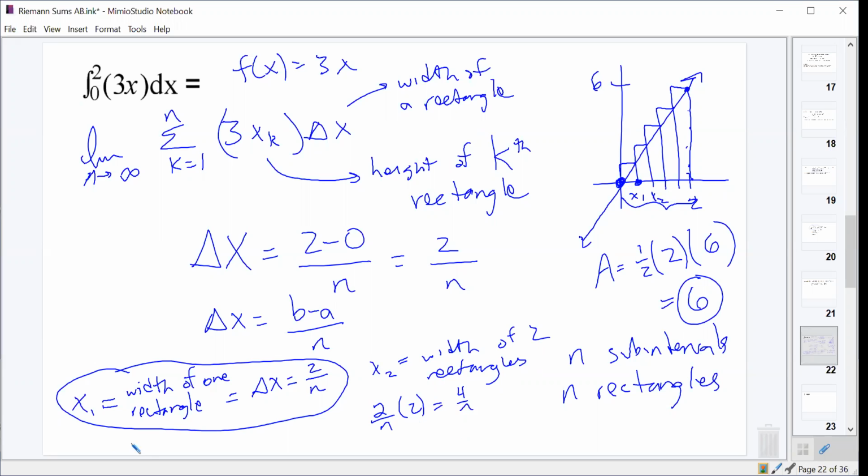What about x sub 3? How many rectangle widths have I gone over to get to x sub 3? You've gone over 3 of them, which would be 6 over n, or 2 over n times 3, right? What about x sub 4? I'll have gone over 2 over n times 4. Well, what if I've gone over k rectangles to the kth rectangle?